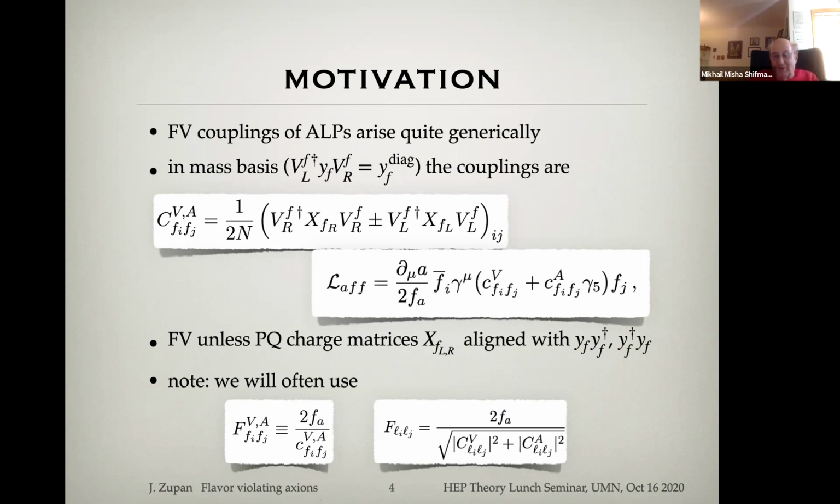You couple the axion to fermions by hand, right? No, it's not by hand. If you are a bit patient, I will go over the models as well. This first is bottom up.